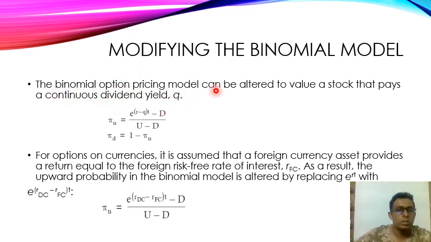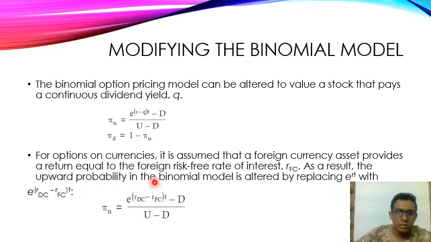For options on currencies, it is assumed that the foreign currency asset provides a return equal to the foreign risk-free rate of interest, that is RFC, and as a result, the upward probability in the binomial function is altered by replacing e raised to rt with e raised to (rDC minus RFC) all raised to t. DC is nothing but domestic currency.